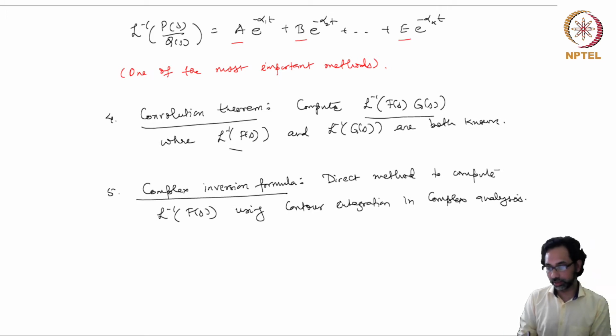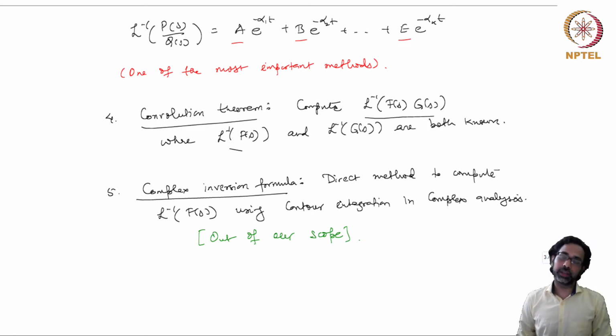So although this is one of the most powerful methods, because it gives you a direct formula to compute the inverse Laplace transform, we won't cover it. This is out of our scope for this course, because we do not assume the knowledge of complex analysis, so I won't cover it in this course, but nevertheless it is one of the most important direct methods to compute the inverse Laplace transform. So this we won't cover.